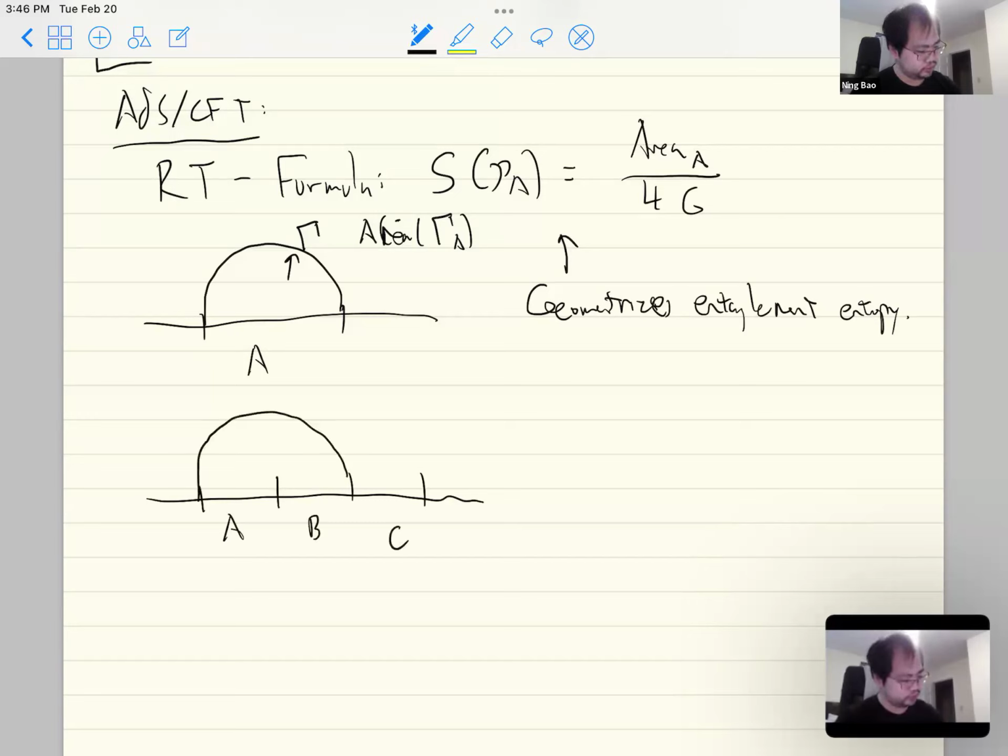The minimal surface calculating S of AB is this one. Calculating S of BC is this one. Calculating S of B is this dashed one. And S of ABC is this outer dashed one. If I cut and reglue and associate this portion and this portion with the outer one, clearly it's homologous to ABC, but not necessarily minimal.